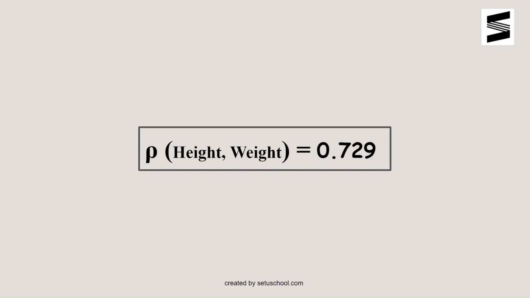Thus, we get a correlation coefficient of 0.729, irrespective of whether you use the data in inch-kg or centimeter-pound. Upon closer inspection we see that even though covariance didn't have any range, the correlation coefficient has a range of -1 to +1.